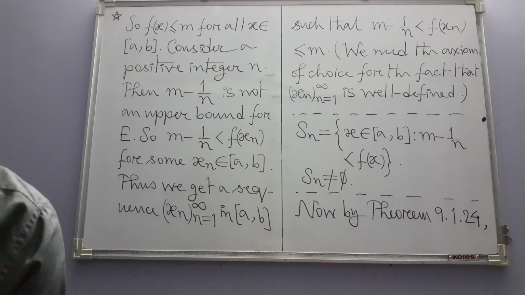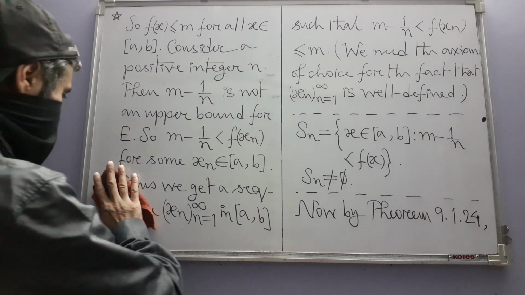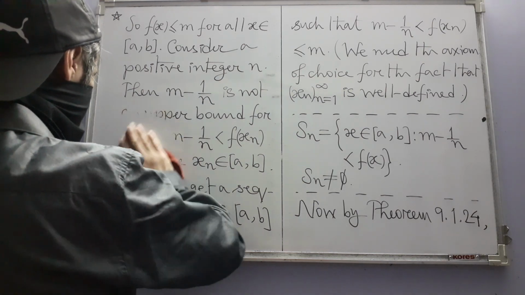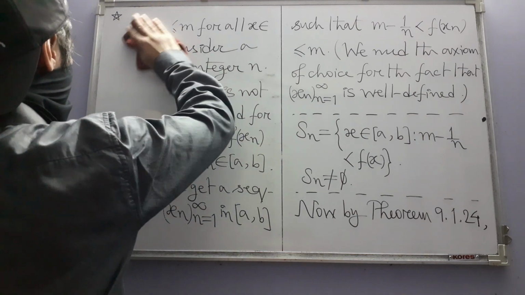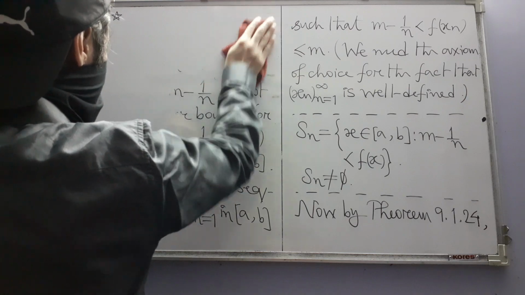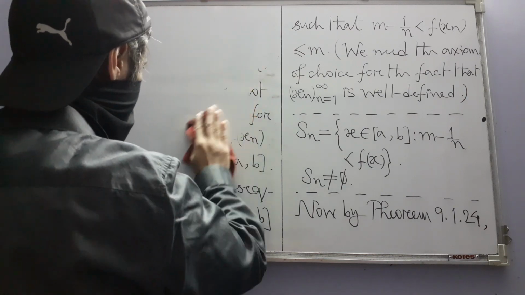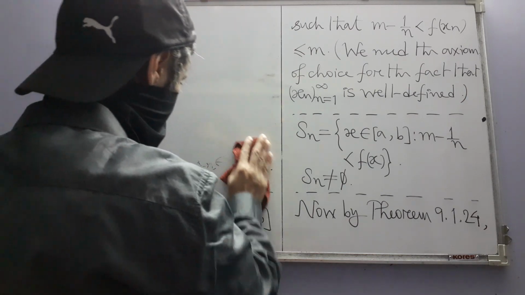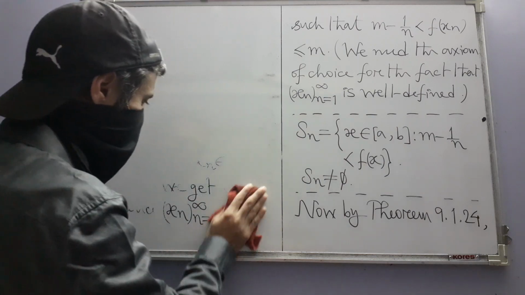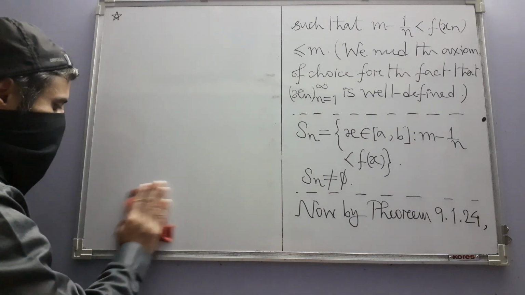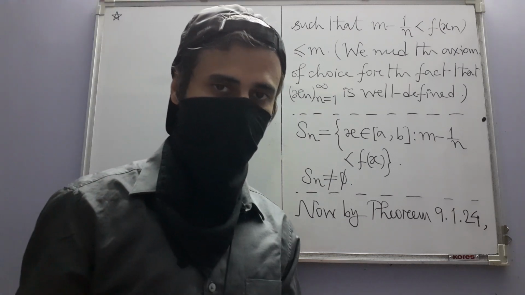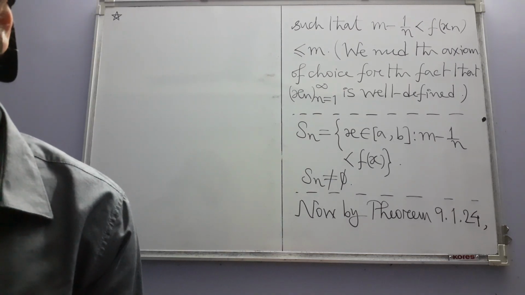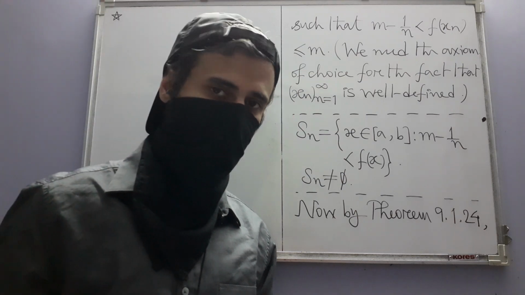What was the statement of the Heine-Borel theorem? It says that a subset of the set of real numbers is closed and bounded if and only if every sequence in the subset has a convergent subsequence, converging to some point in the subset itself.